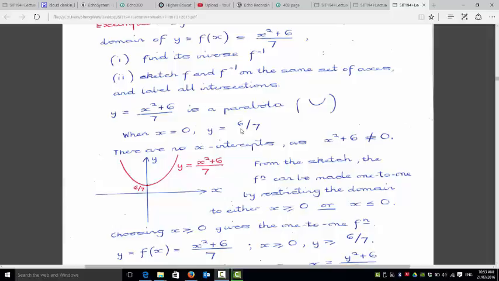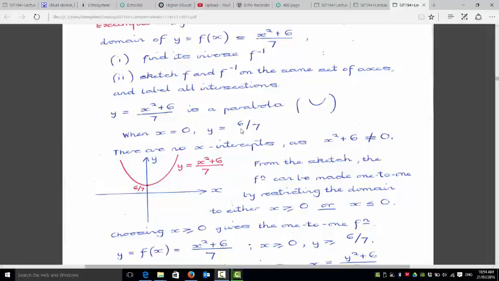From the sketch, we may be able to get two one-to-one functions by restricting the domain. The domain can be either x larger than or equal to 0, or x smaller than or equal to 0.